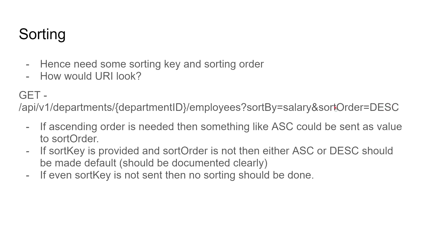Basically, if we want to sort by something else, let's say name, then we would say sort by name and things like that. So basically these query parameters, which are sort by and sort order, and what we need to send, whether we want to send ASC or the entire spelling of ascending, all these things should be clearly documented and provided as API documentation to your client, so that they can know how to do sorting.